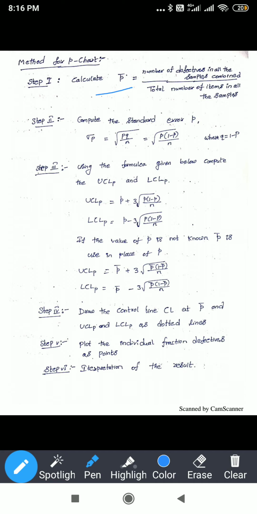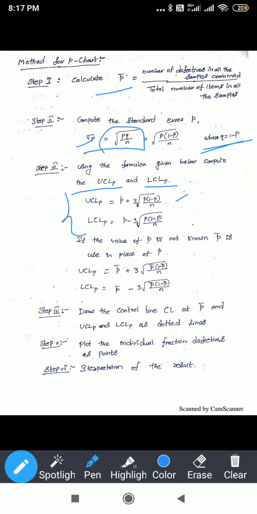Now step 2: compute the standard error of P, that is sigma P. This is the formula for sigma P: square root of PQ by N, where Q is equal to 1 minus P. So after computing P, we easily calculate Q. Step 3: using the formulas given below, compute the upper and lower control limits.